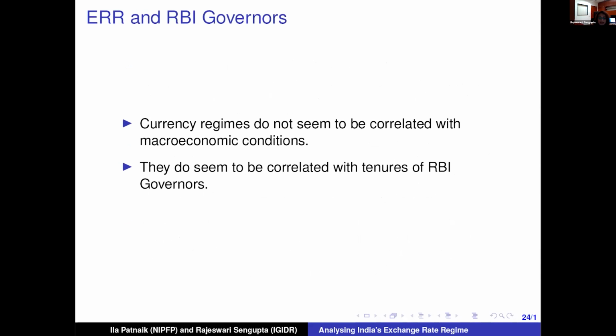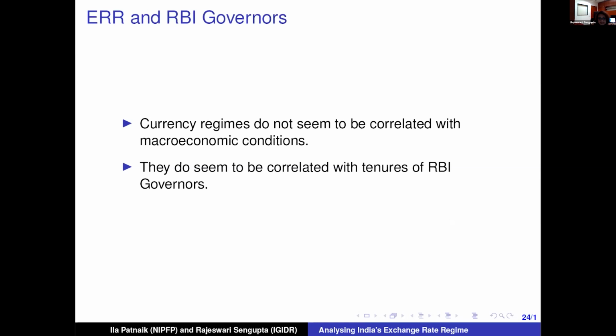Now, one thing that I want to highlight, which I found very curious, is that while in the paper we have done a lot of discussion about the macroeconomic conditions for every regime to understand what was happening, we do also find that the currency regimes do not really seem to be correlated with the macro conditions. It is not like there is a similarity across macro conditions between two regimes where the rupee was relatively managed.